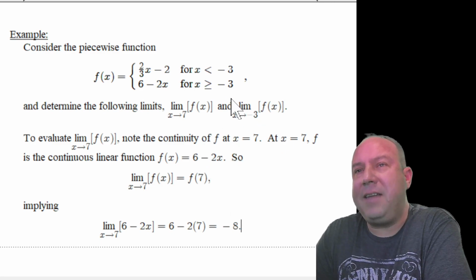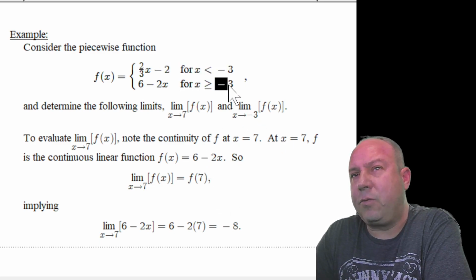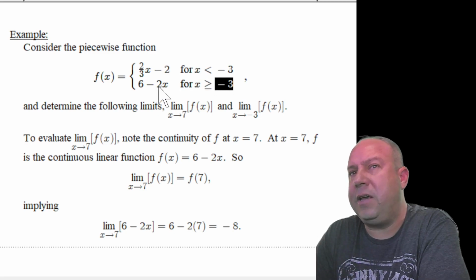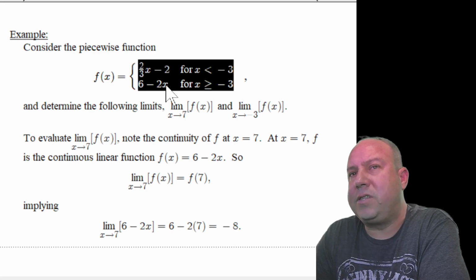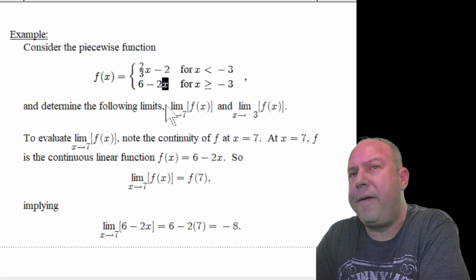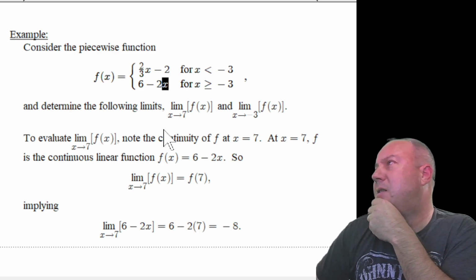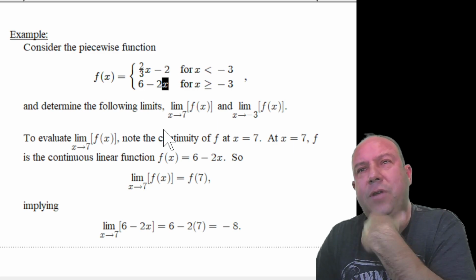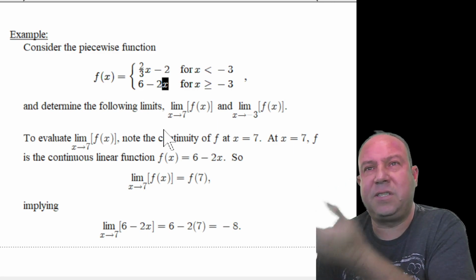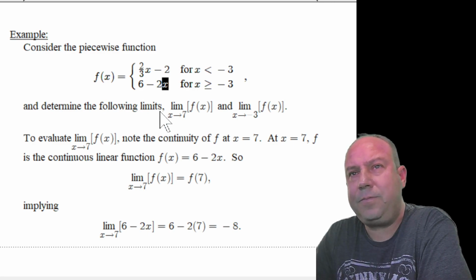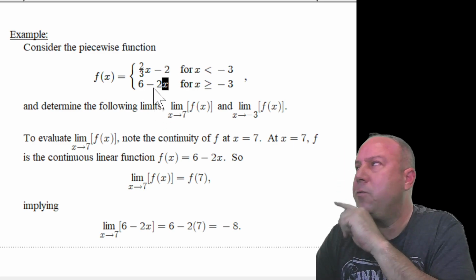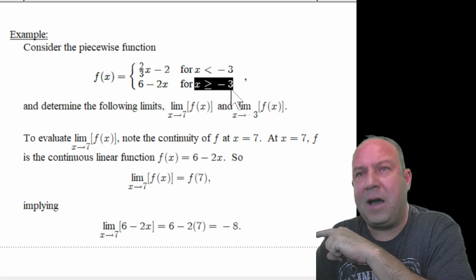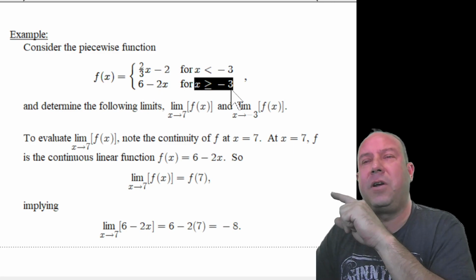When we're at -3, we're still in the second piece, since x is greater than or equal to -3. So we substitute in -3 here: 6 minus 2 times -3, and -2 times -3 is +6, so 6 plus 6 is 12. That 12 would also be the result for the right-side limit, the approach of x from values greater than -3.